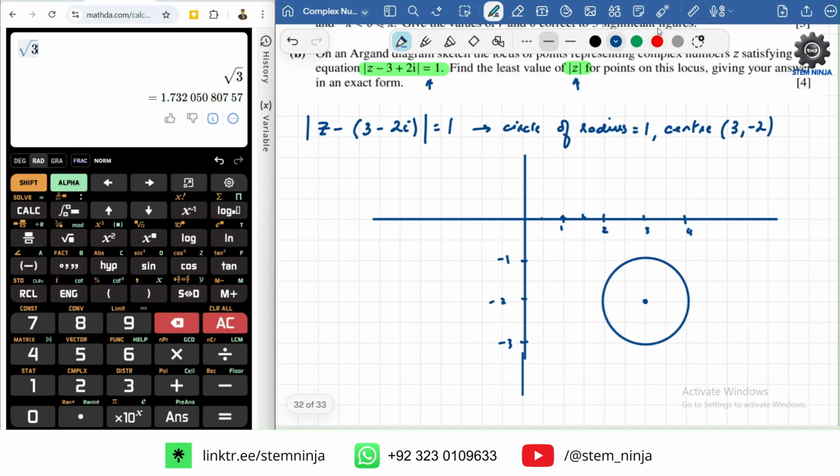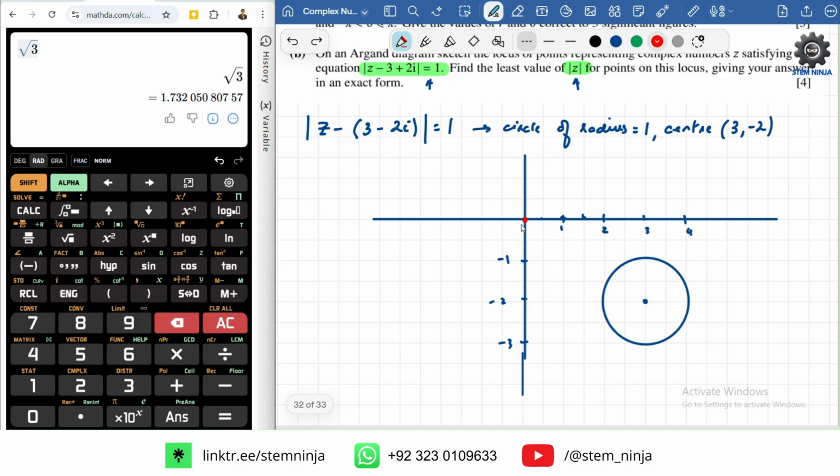Now least value of mod z means a point that comes from the origin directly on this path. This is not the least, the center is not the least, this point would be furthest away from it. So the least one would be right over here.